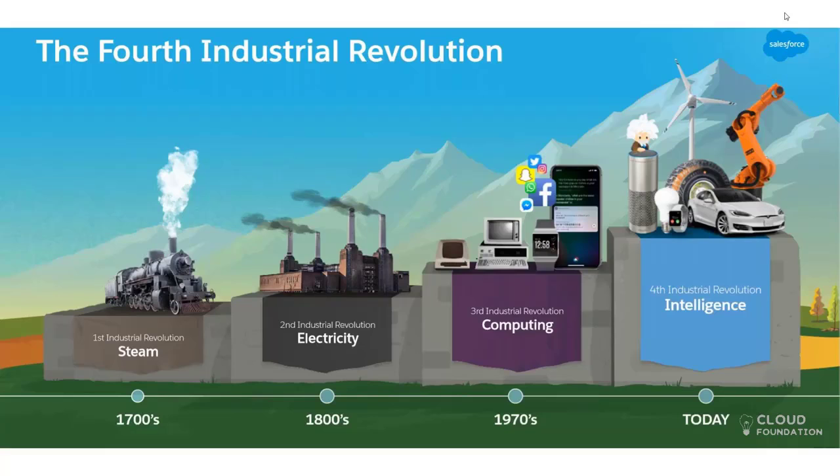Then in 1800 we had the electricity revolution, and in 1970 we had computing and digital. Currently we are in the fourth generation of intelligence, with artificial intelligence, IoT, and all this.